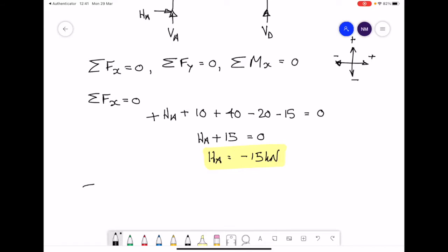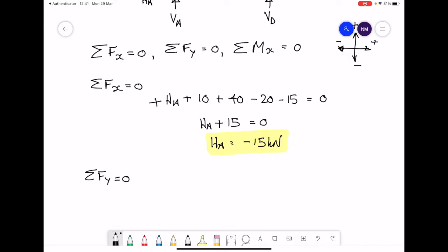Now considering forces in the vertical direction, forces going up or down, we have the two reaction forces going upwards, VA, which is positive, plus VD is also positive, but then we have the UDL acting downwards, 20 kilonewtons per meter for 6 meters of it.